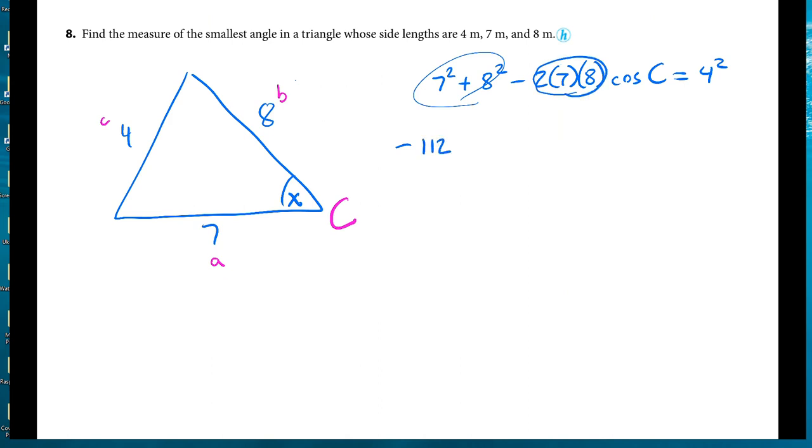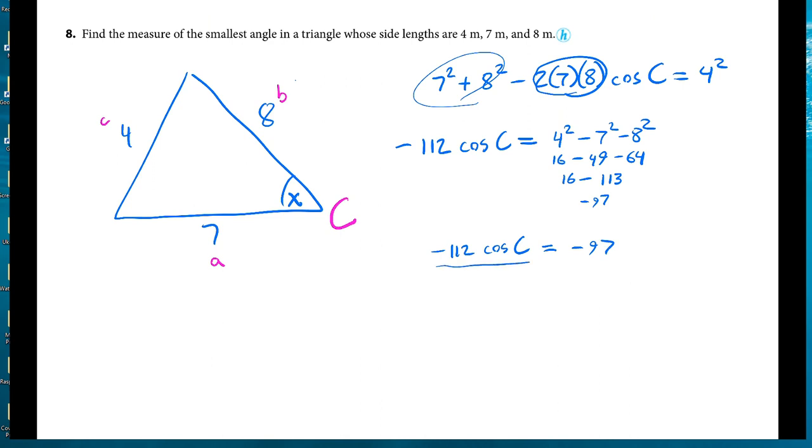So we get minus 112 cosine of C equals 4 squared minus 7 squared minus 8 squared. Okay, so 16 minus 49 minus 64. That's 16 minus 113, so negative 97. So we get negative 112 cosine of C equals negative 97.